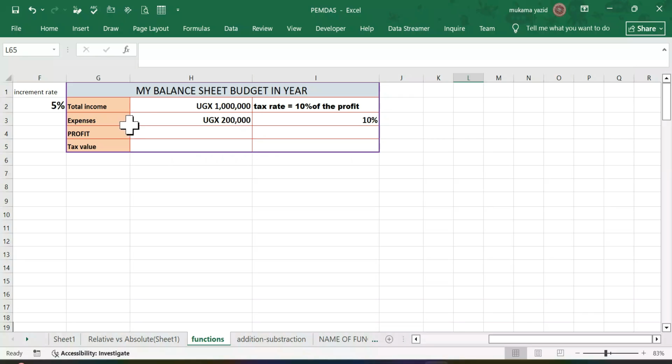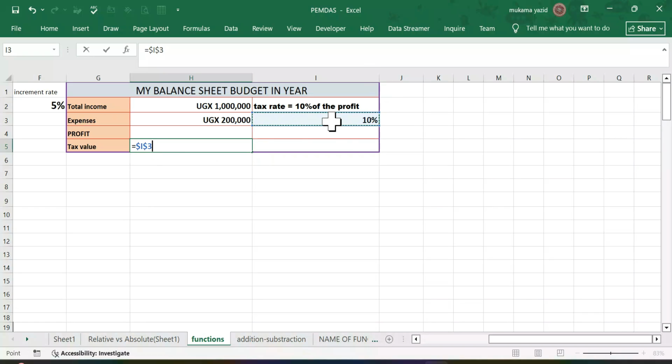We have this one, total income. We have expense. We have profit, tax value. So we have 10% as tax value. The same applies here. We first need to get the tax value, that is 10%. Lock it.